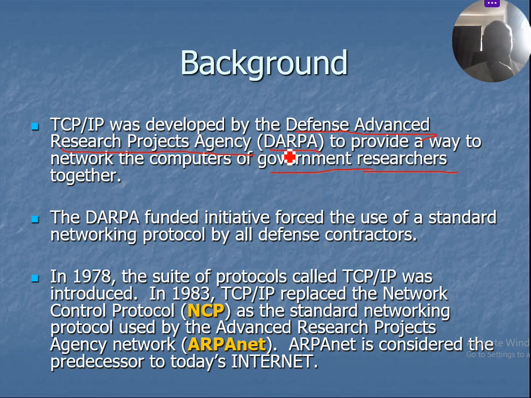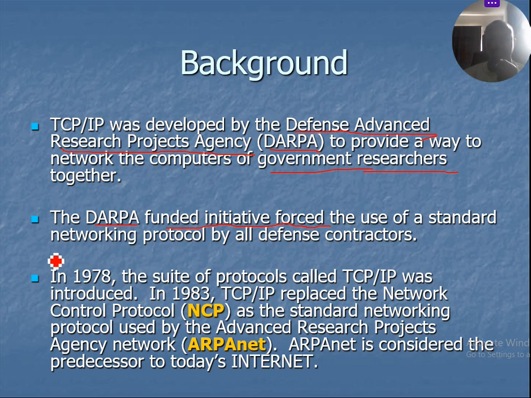So this agency was developed to link together all the researchers of government agencies, be it from any field. Now this DARPA was a funded initiative by the federal government of the United States, and it forced the use of a standard networking protocol.